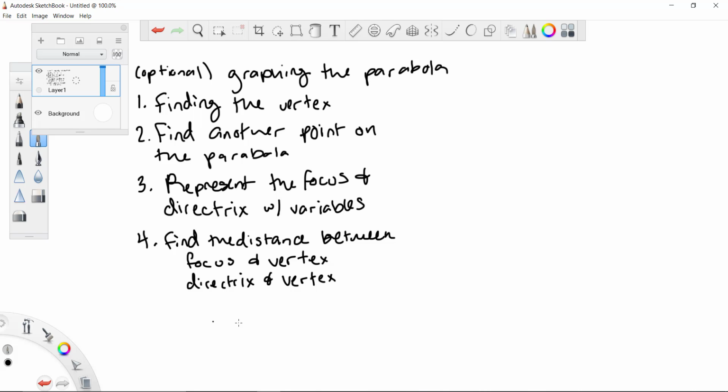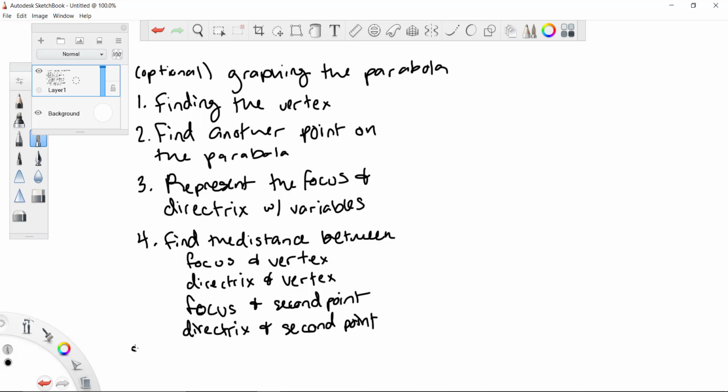And we do this again with our second point. So we'd also find the distance between the focus and the second point and the directrix and the second point.